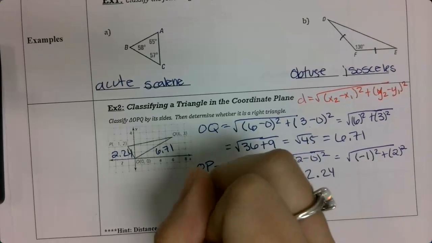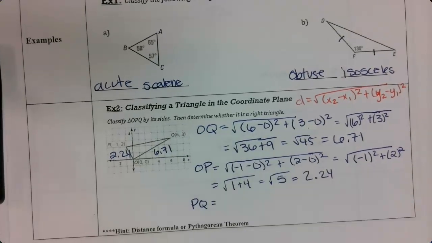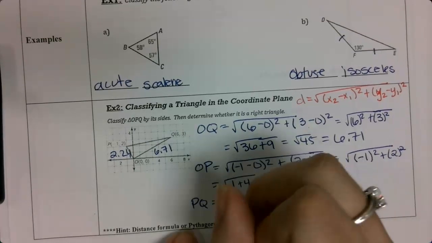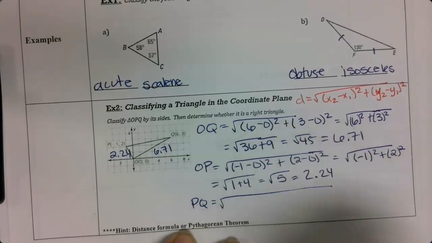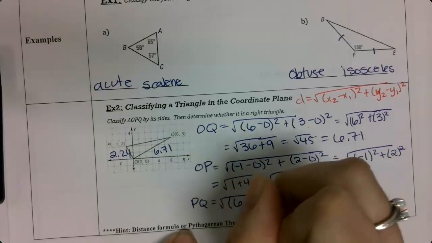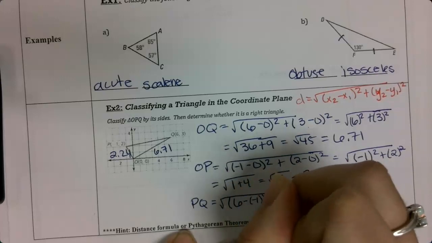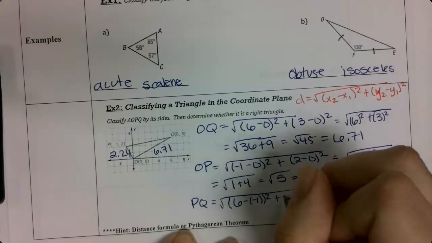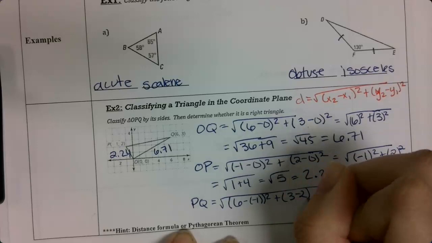Okay, and the last side I need to find is PQ. So Q is going to be my x2, y2. So I'm going to do 6 minus negative 1. And then 3 minus 2.